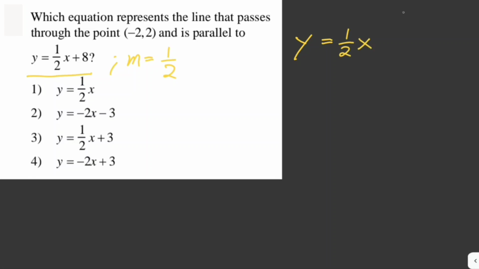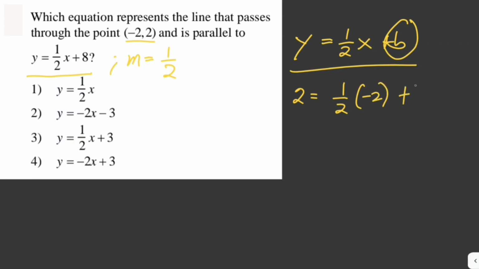So it'll be y equals 1/2 x plus b. It is given here that the line passes through the point (-2, 2). So we just have to plug in the values of x and y to solve for b, which is the y-intercept. So this would be 2 equals 1/2 times -2 plus b. 2 equals, this is -2 divided by 2, which is -1, plus b.